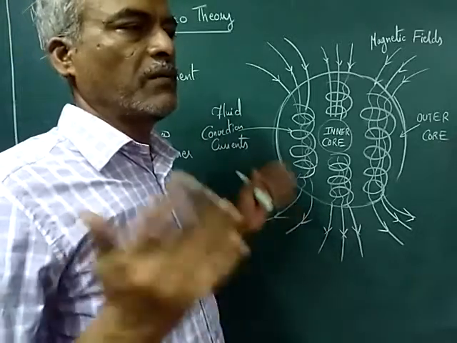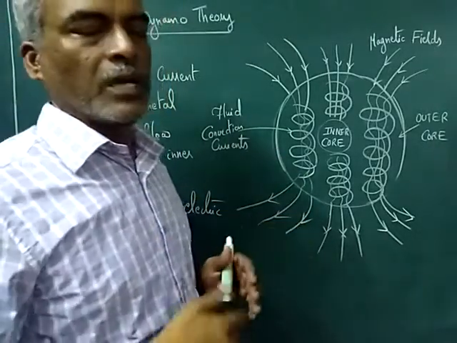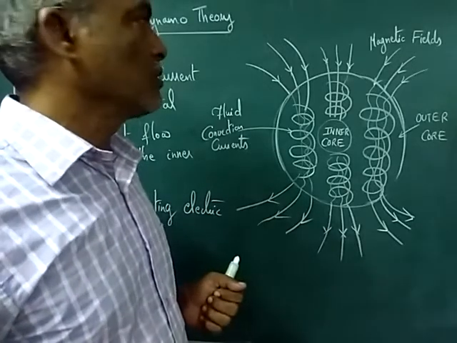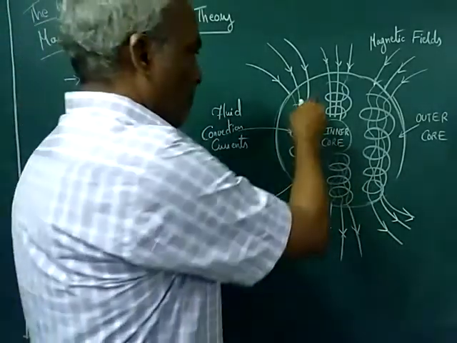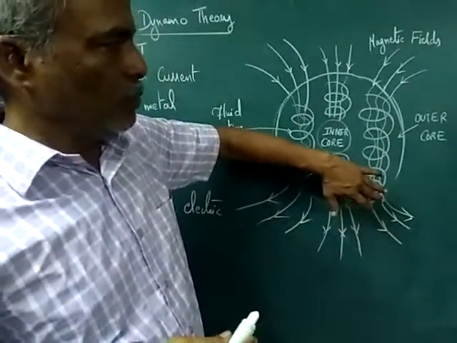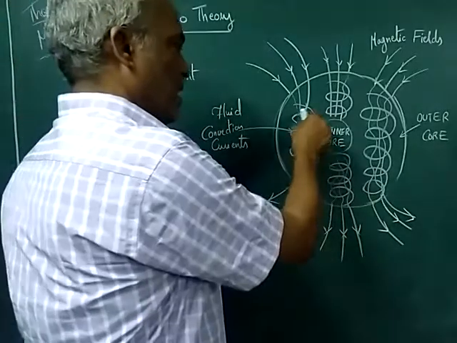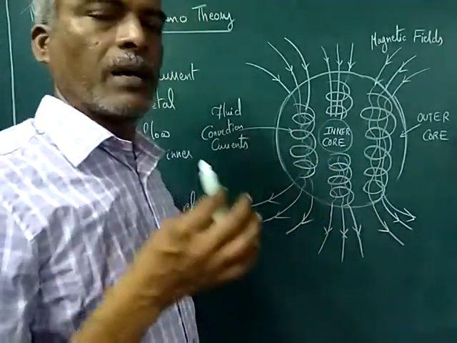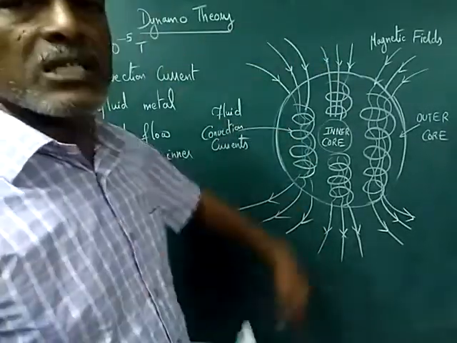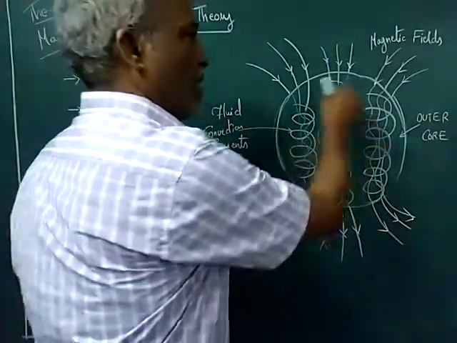We all know that whenever there is a current, there is a magnetic field around that current. But the magnetic field inside the earth's core, exactly the outer core, does not have a definite path, but a magnetic field is concentrated inside the circulating currents everywhere.